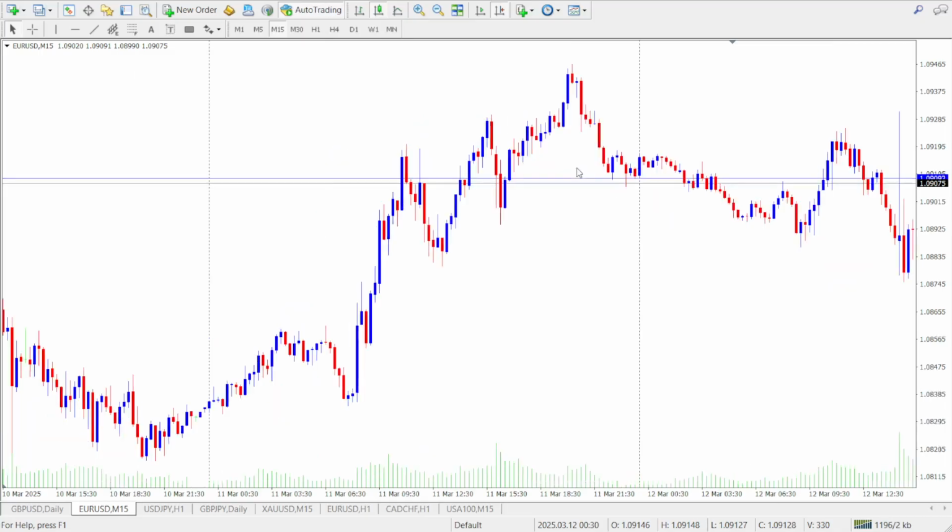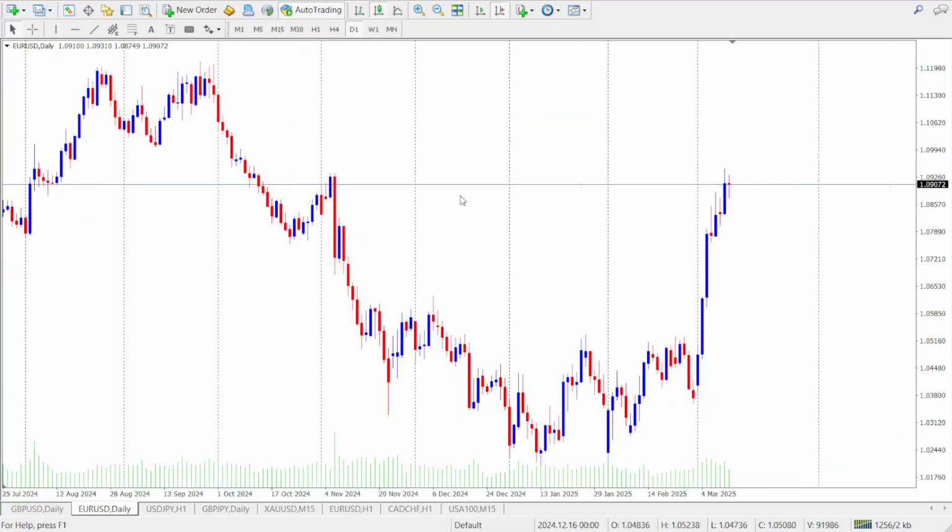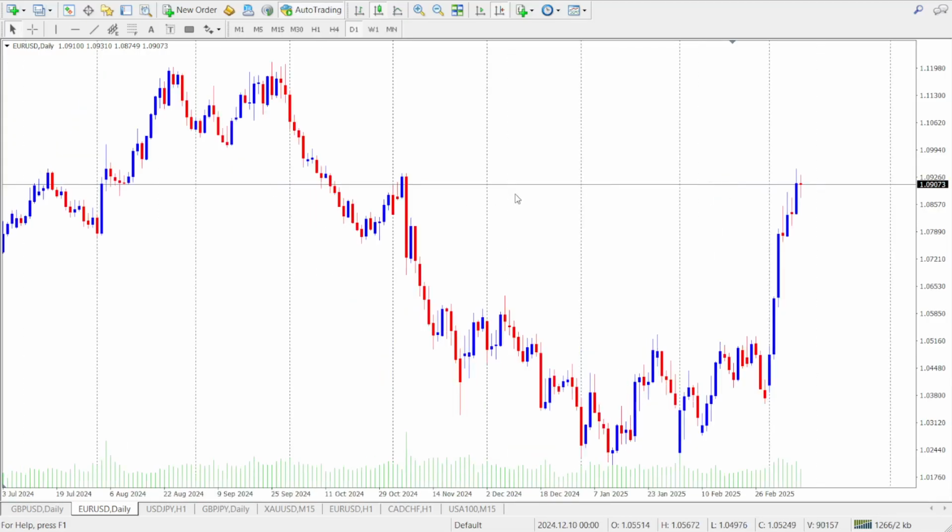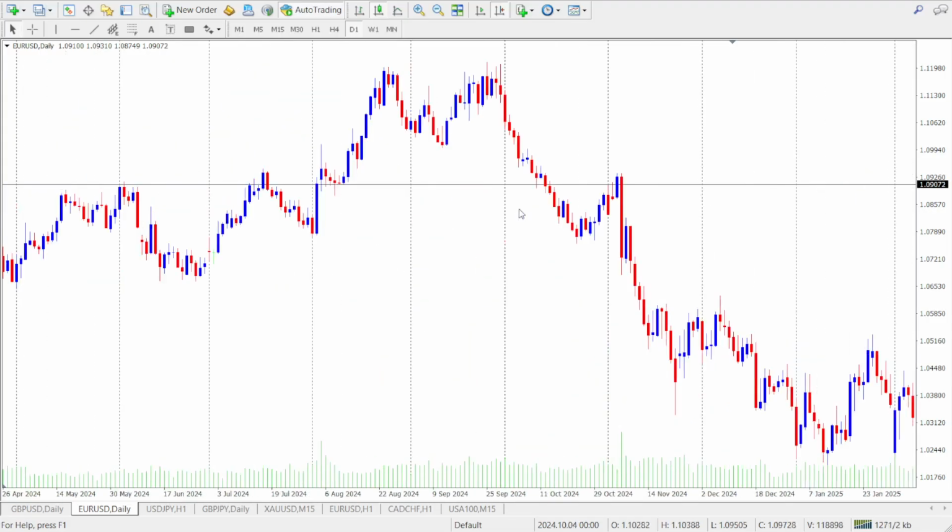Pattern recognition trading is all about spotting repeating structures in price action. Markets move in cycles, and these cycles create patterns that traders can use to anticipate future movements. Whether you are trading forex, stocks, or crypto, understanding chart patterns can help you make better decisions and reduce uncertainty.